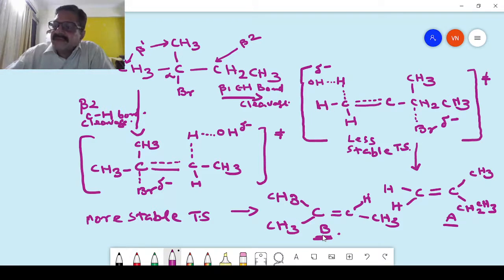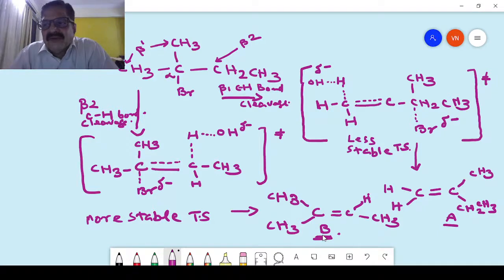So this is the E2 elimination of HBr. Two different types of alkenes are formed here, and one will predominate. Now let us see a mixture of stereoisomers. It is possible. From the dehydrohalogenation, the major product is again the more stable stereoisomer.